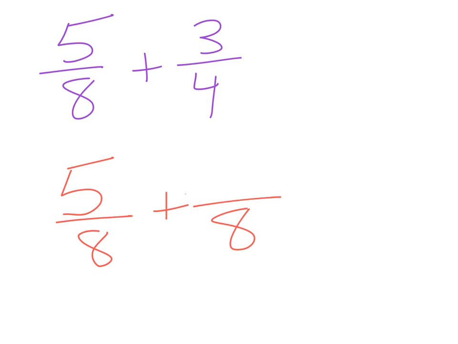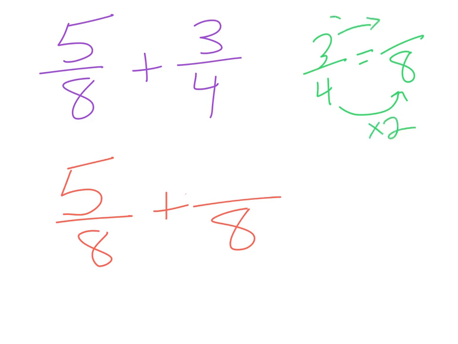Over here on the side, 3/4 does change. Since we changed that 4 to 8, remember we have to change the top number the exact same way. 4 to 8, we multiplied by 2, so we do the same thing to the top. 3 times 2 gives me 6. So in place of 3/4, I'm going to use 6/8.